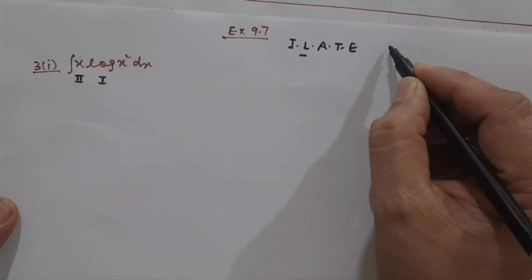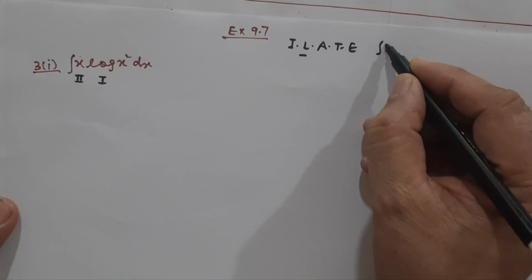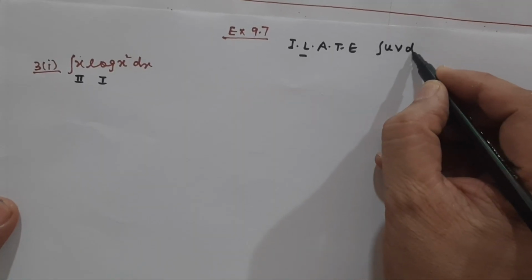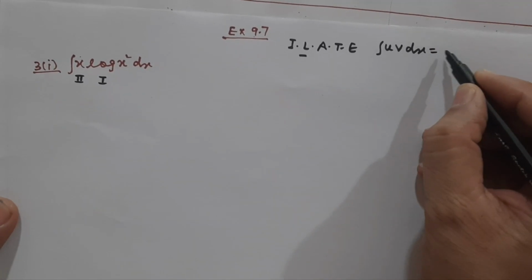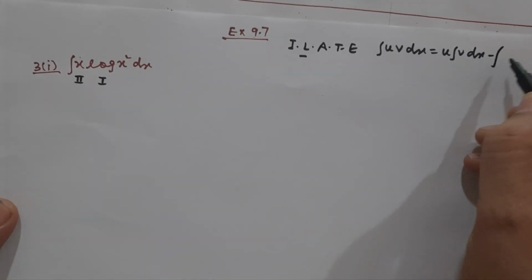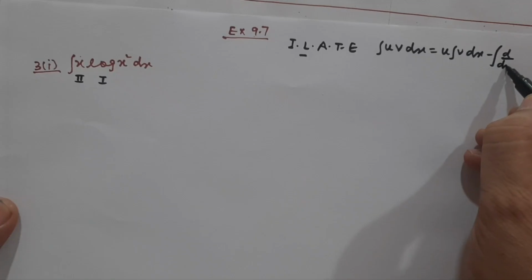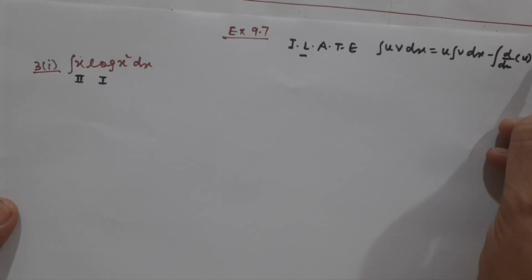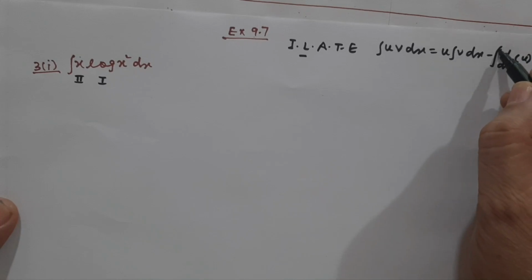Now using the formula, I write the formula again: integral of uv dx is equal to first function into integral of second function minus integral of derivative of first into integral of second dx. So this is the formula.